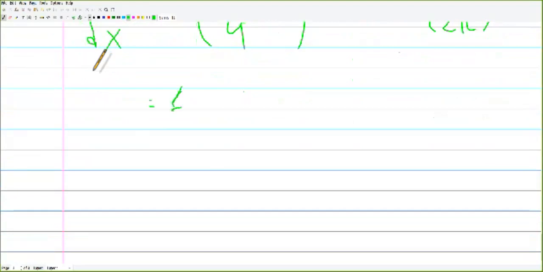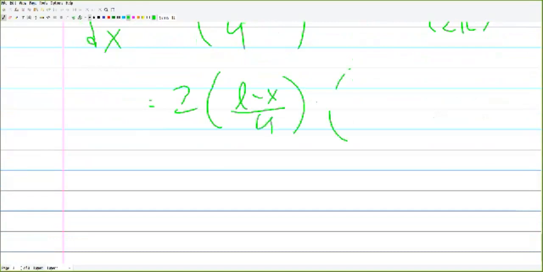The derivative of the outer, which is 2 times the brackets, 2 times L minus x over 4, times the derivative. L over 4 is a constant, so it's minus 1 over 4, right?